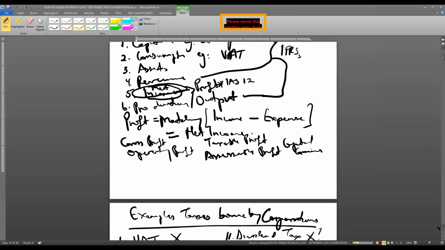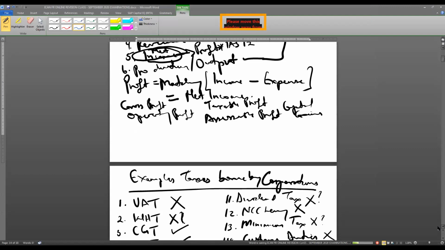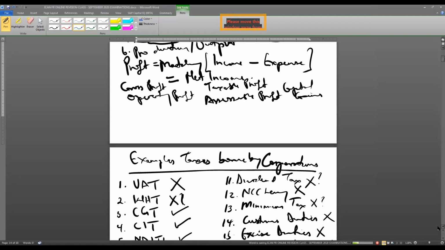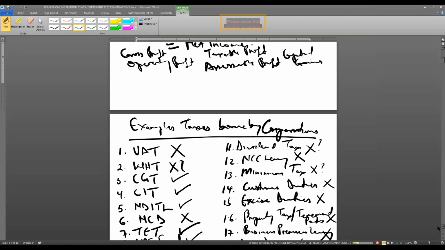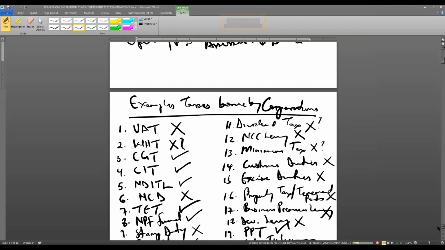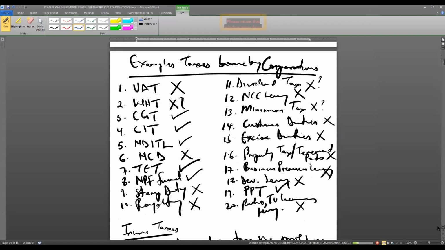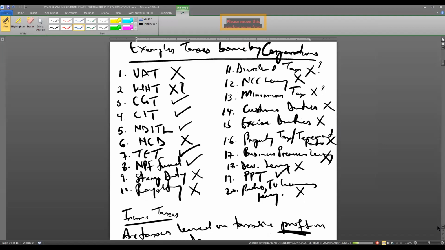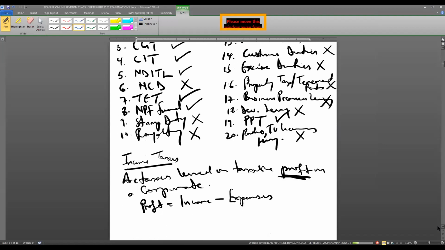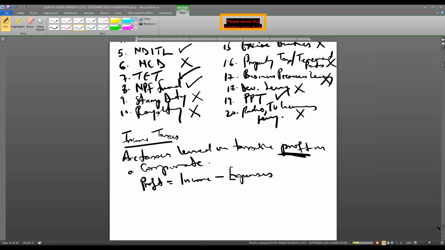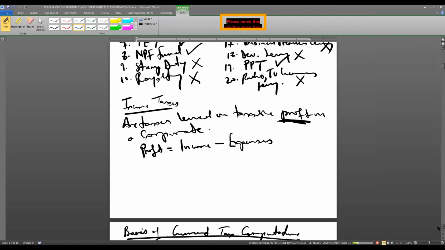Then we walked through how to compute the current tax, which basically involves adjustments to the accounting profit, and then the computation of deferred taxes, which could result in either a deferred tax liability or a deferred tax asset.